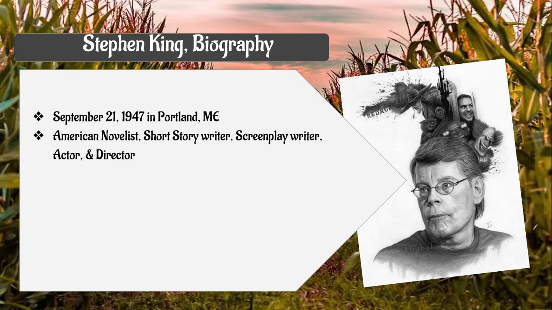To jump into his home life a little bit when he was younger, again, just like Poe, his father abandoned the family when Stephen was very young. Stephen was 2 years old. This is literally a case of the father went out for cigarettes and never came back.